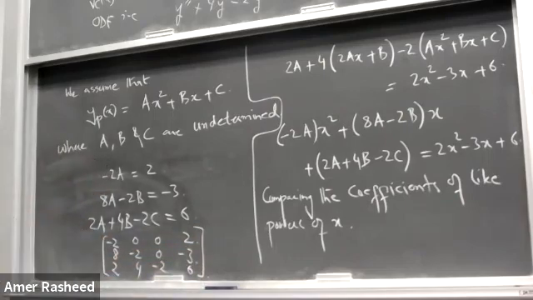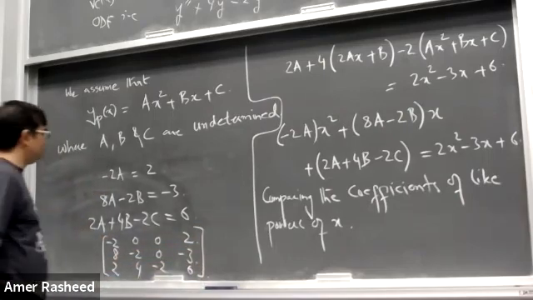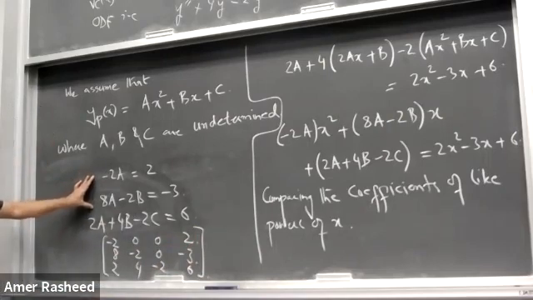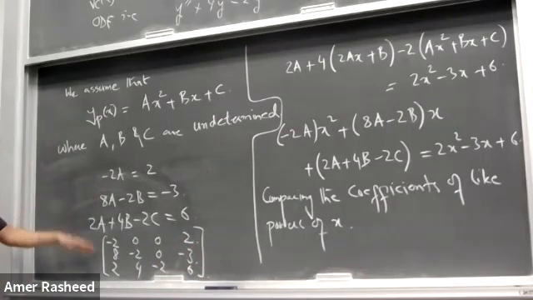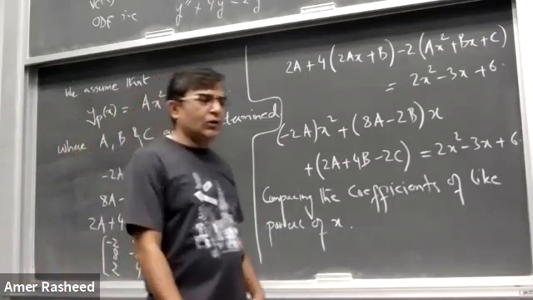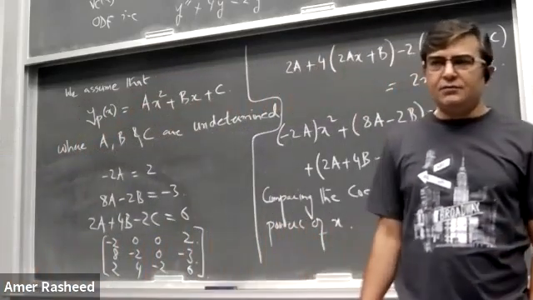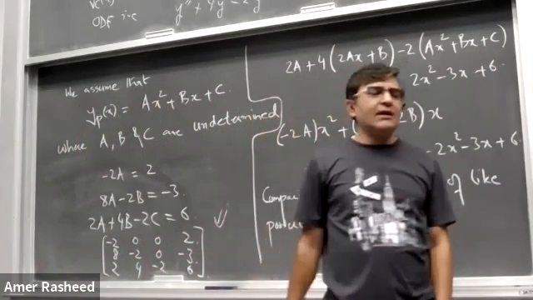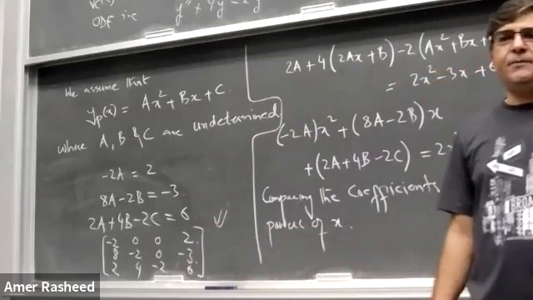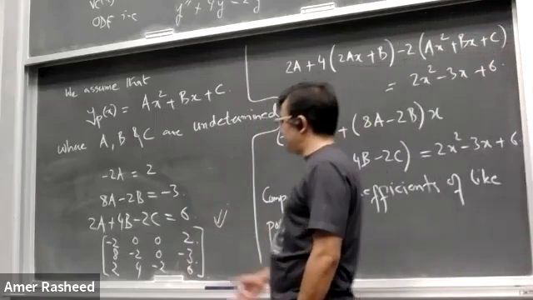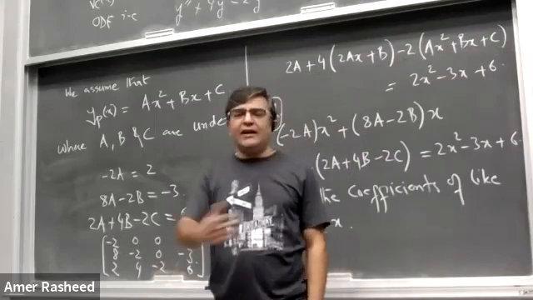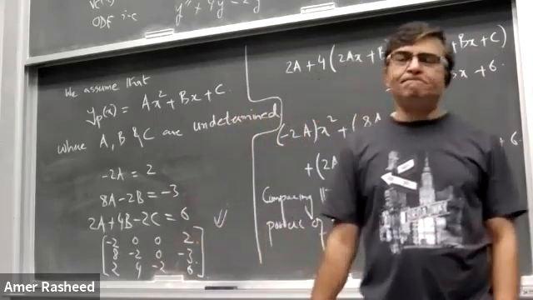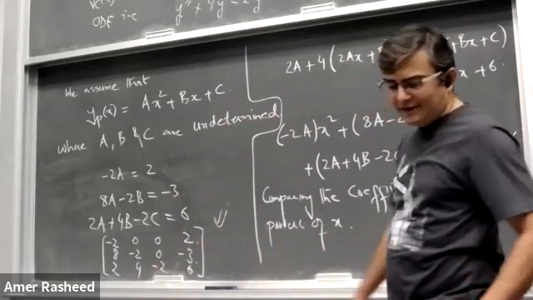So this is your linear system in the unknown variables A, B, C. You can write the corresponding augmented matrix and solve it, and you can easily find the values of these constants. I hope you can do it because you have already studied these things in linear algebra. You would convert this matrix into echelon or reduced echelon form, and then you can solve for the constants A, B, and C.